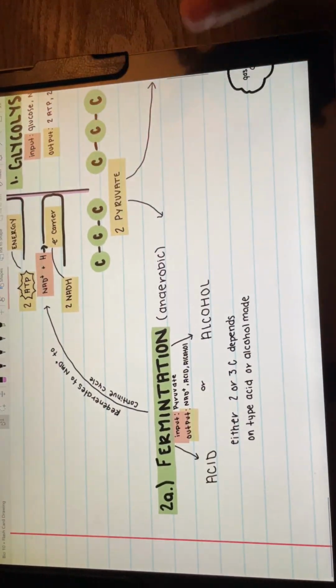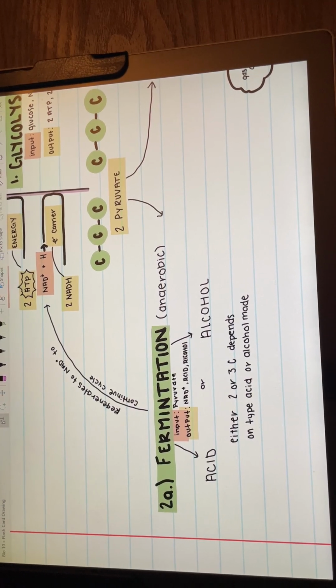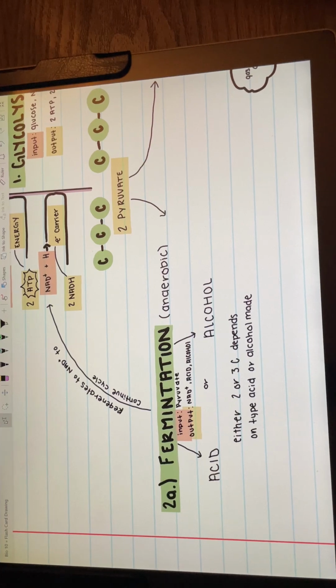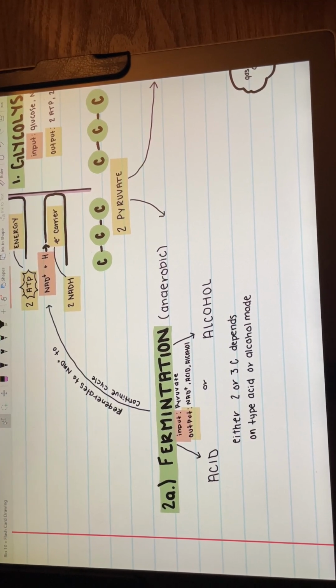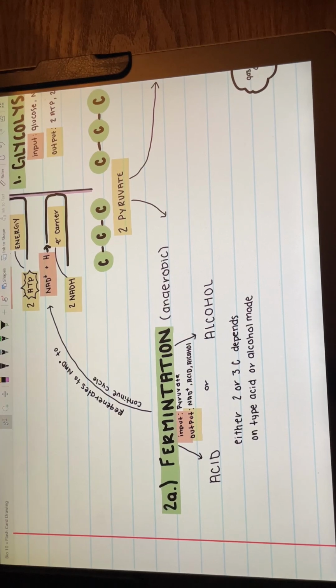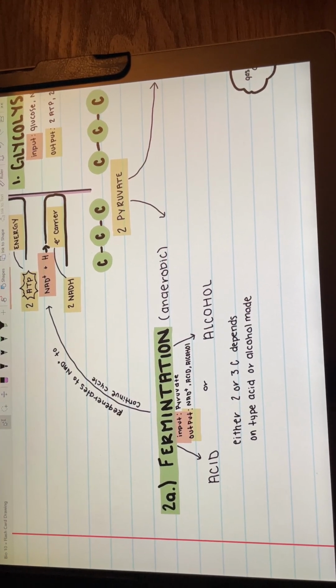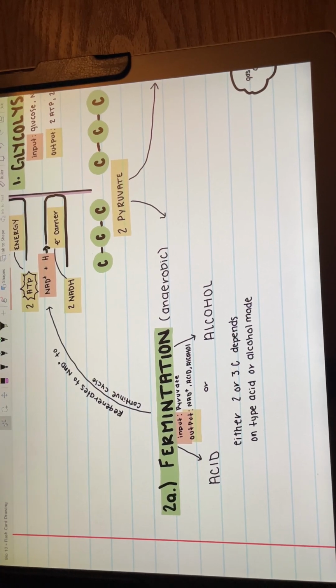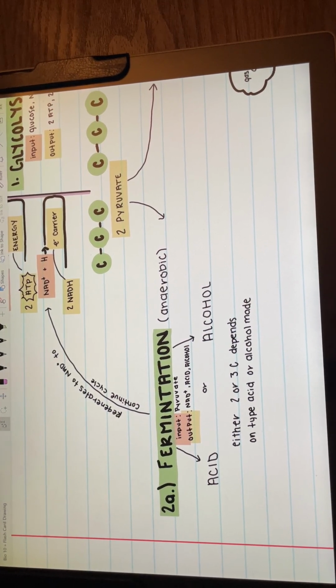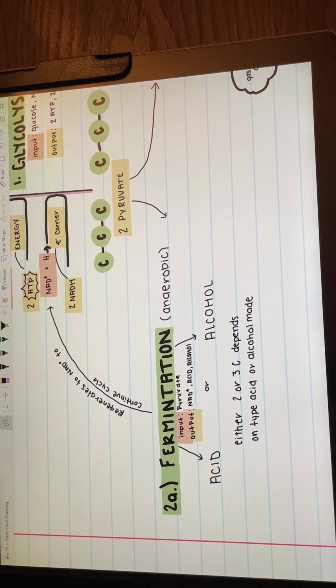Fermentation is an anaerobic process, which means it happens when there is no oxygen, just like glycolysis. It is an essential backup for cells to generate energy in anaerobic conditions or if they are anaerobic cells themselves. Even though it is less efficient than aerobic respiration, it allows cells to survive when oxygen is scarce.